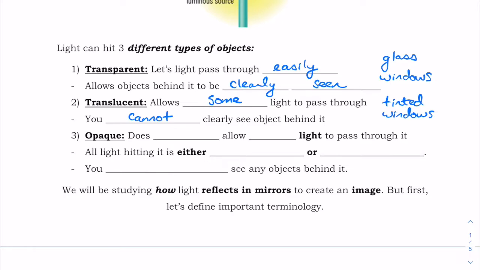And lastly, we have opaque objects. Opaque objects do not allow any light to pass through. And that's because all of the light is being absorbed. Or another possibility is that all the light is being reflected.